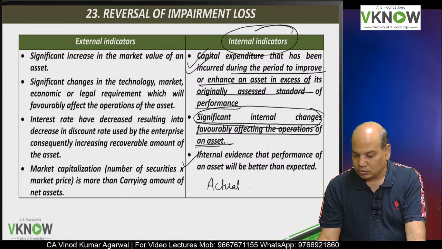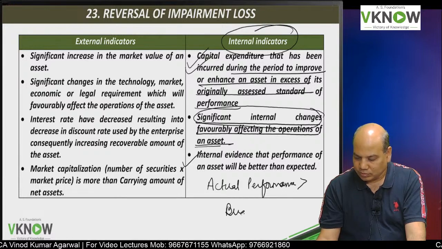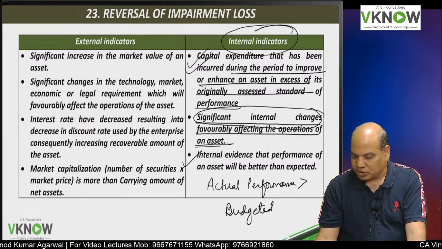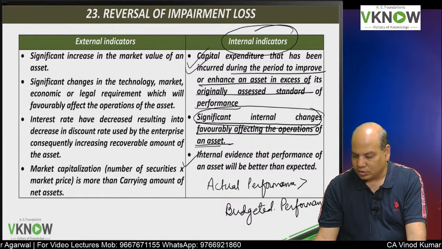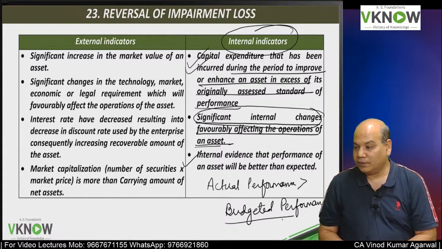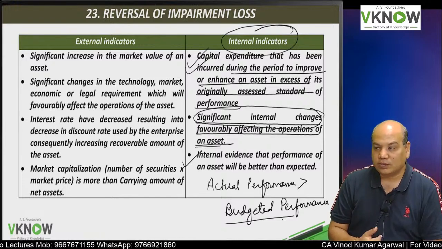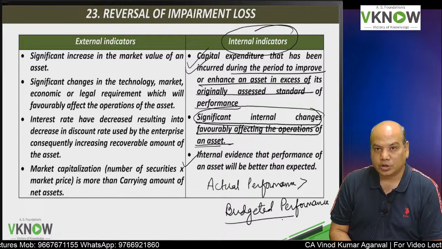And the third is actual performance is more than budgeted performance. The company made a budget for its output, production, and found that the actual output is much more than what we had planned to produce.